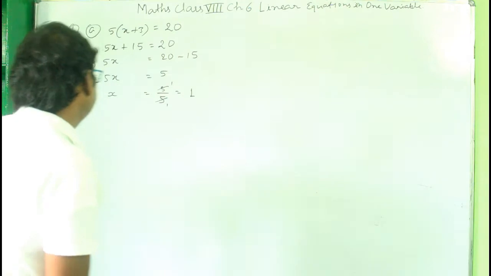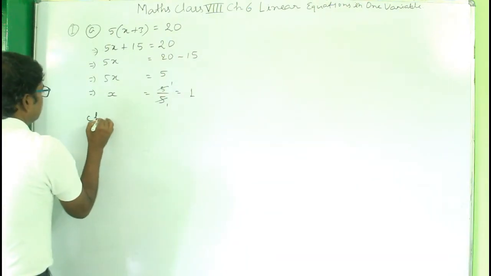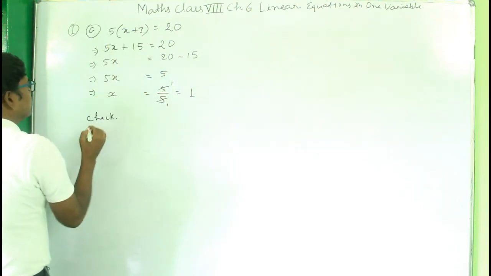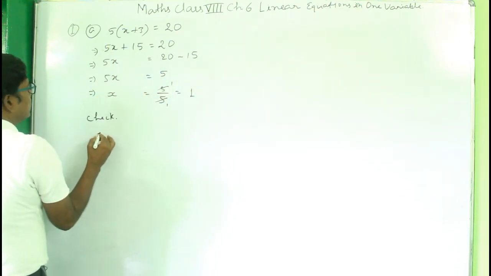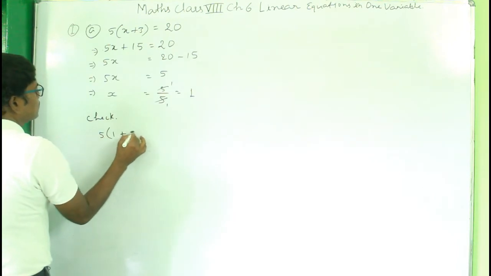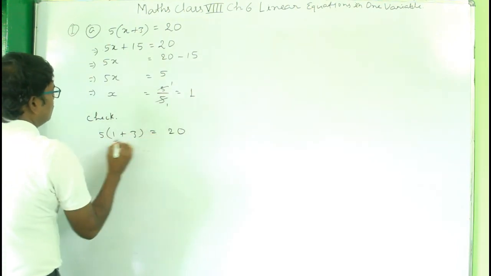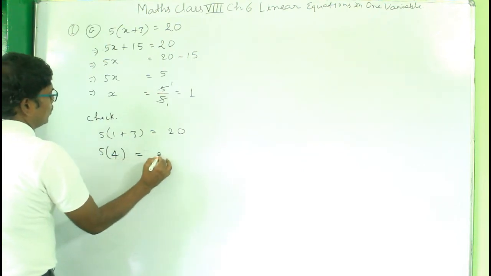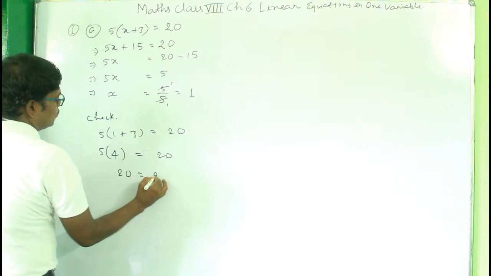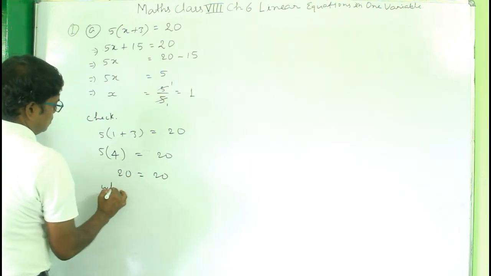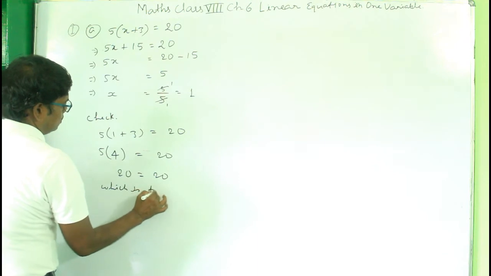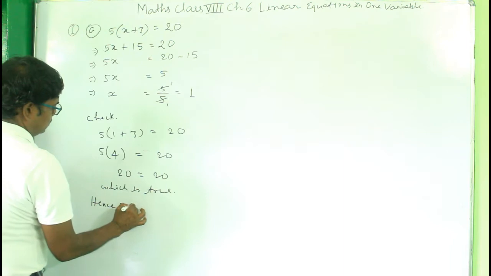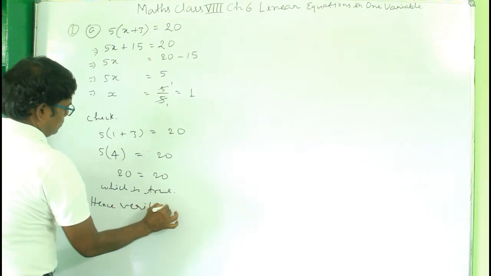Now verify, verification or check. Here you will put the value 1 on this side, that is 5 into 1 plus 3 equal to 20, and see here 5 into 4 equal to 20, then 20 equal to 20, which is L.H.S. equal to R.H.S. Hence verified.